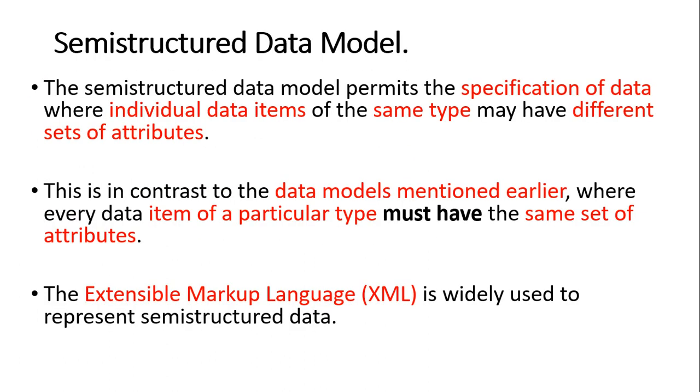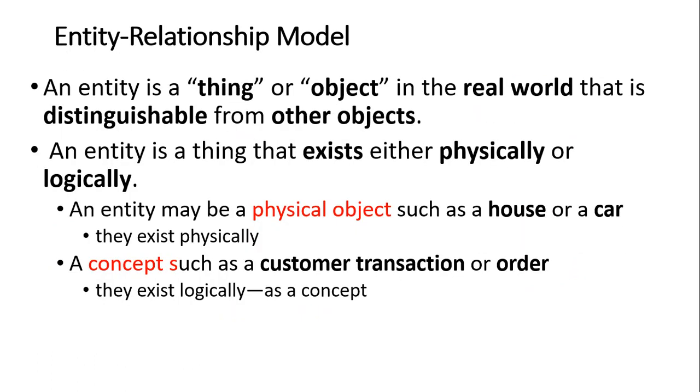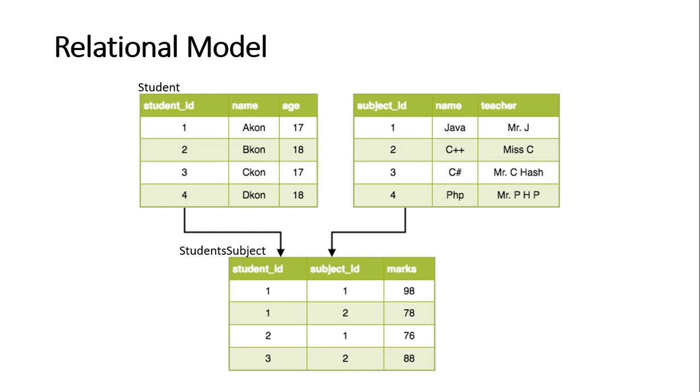Let us look at the other type of model that we can use, called the semi-structured data model. Semi-structured, you know very well, means it is not completely structured. The previous models that you see are all completely structured. If you look at this particular table, it is completely structured.